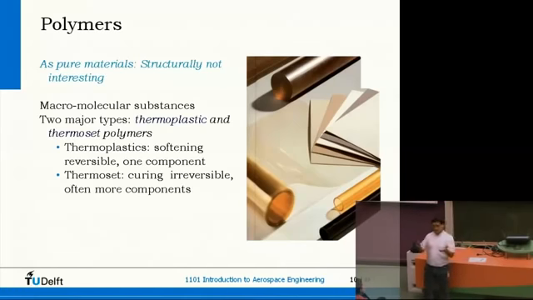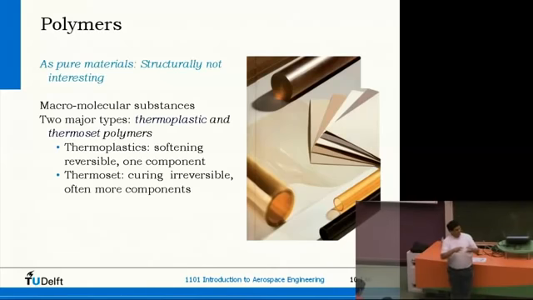That's different with a thermoplastic. A thermoplastic is made of large molecules with some weak bonds between the molecules. Some kind of spaghetti. At room temperature, it's rigid. You can use it, but heat up the temperature, and the bonds between this spaghetti disappear.